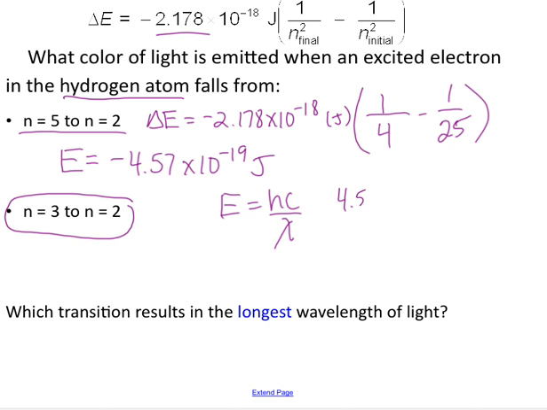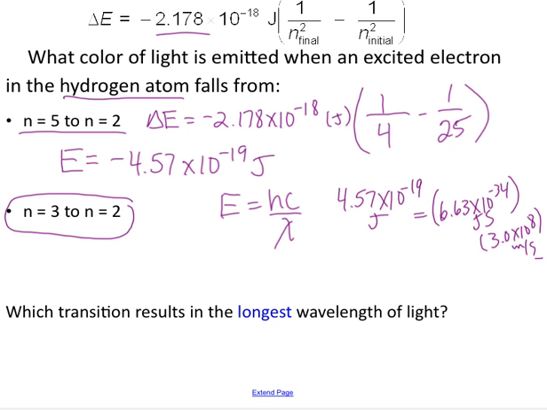So 4.57 times 10 to the negative 19th joules is equal to 6.63 times 10 to the negative 34th joule seconds times 3.0 times 10 to the 8th meters per second divided by wavelength. So let's go ahead and solve for that wavelength.